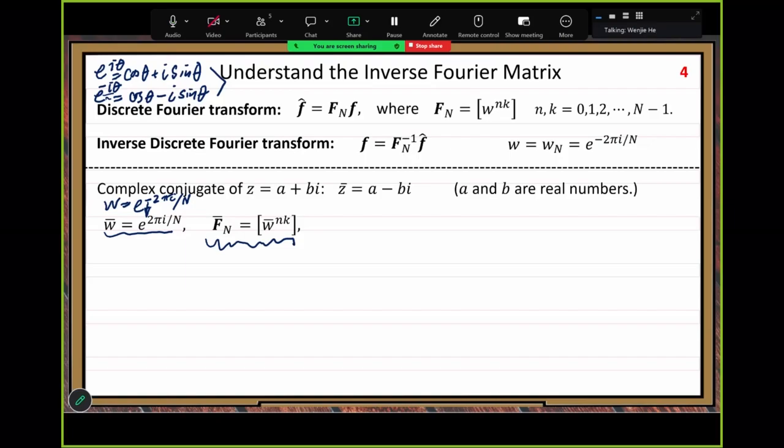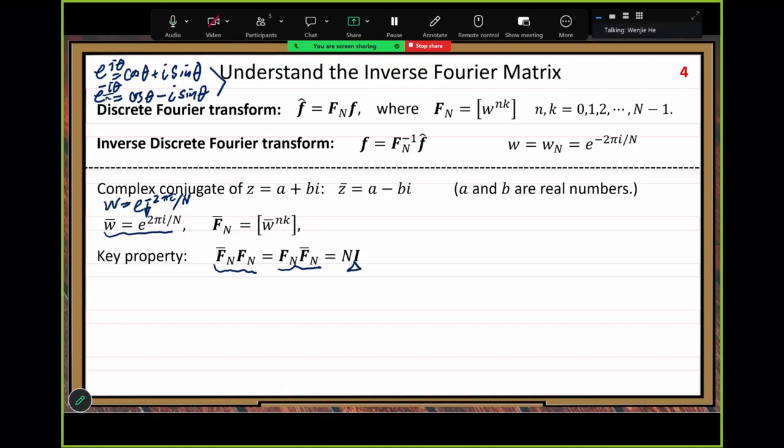Next we would do a transpose, but actually here we do not need to take the transpose. Here you can see there is a key property: when you multiply the conjugate in this way, you get capital N times the identity matrix. Then you almost get the inverse.